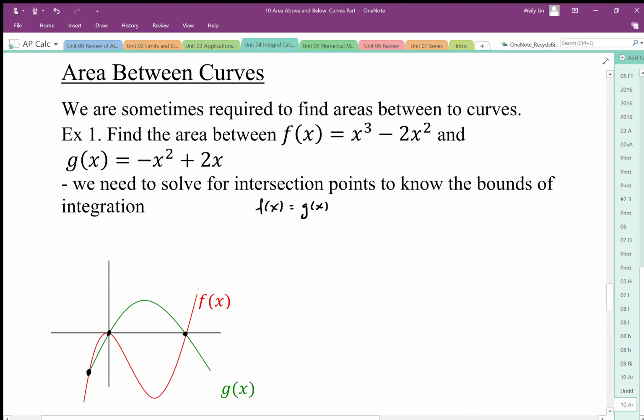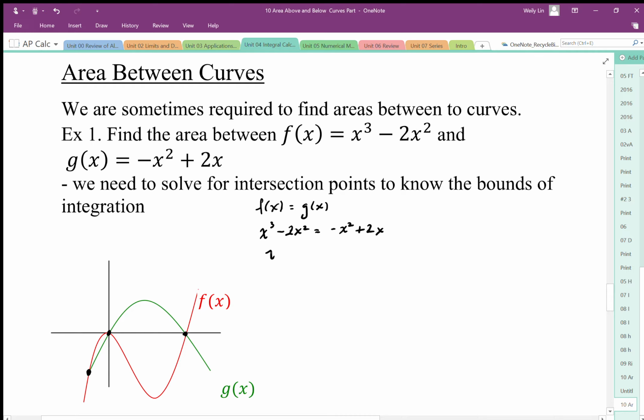Now, if this is a graphing calculator problem, we can just solve this on our graphing calculator. In this case here, this can be solved algebraically. So I'm going to make these equations equal to each other, and then solve this equation.